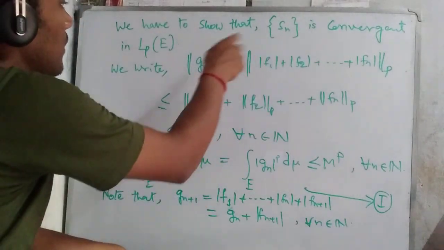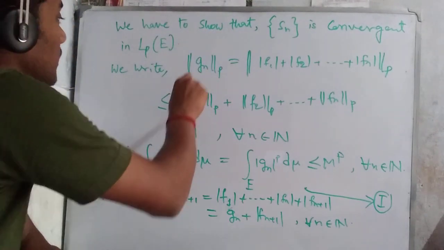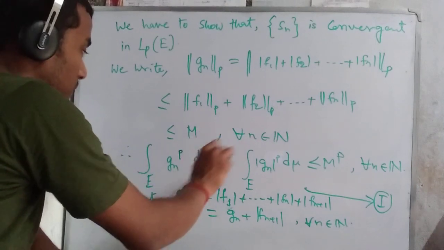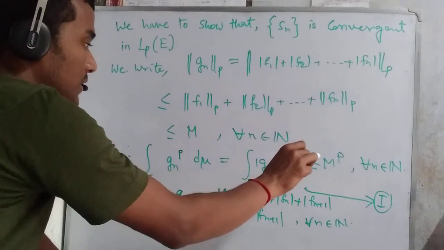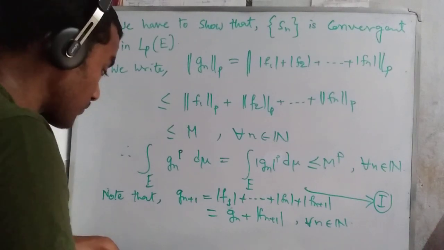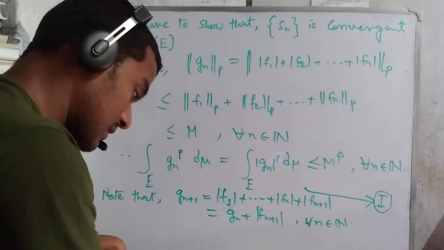So why we write it here, Sn convergent in LP, we have to show that. Then we discuss this one, GP is bounded, Gn to the power p whole to this one less than equal to m to the power p. Okay, and obviously we discuss it.